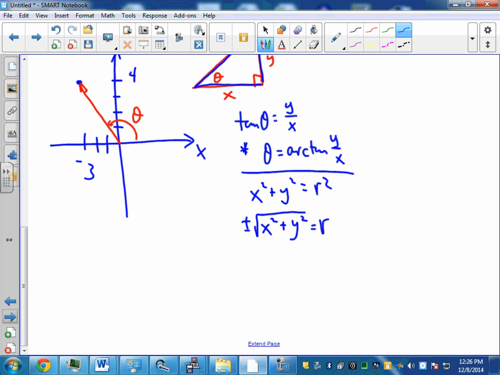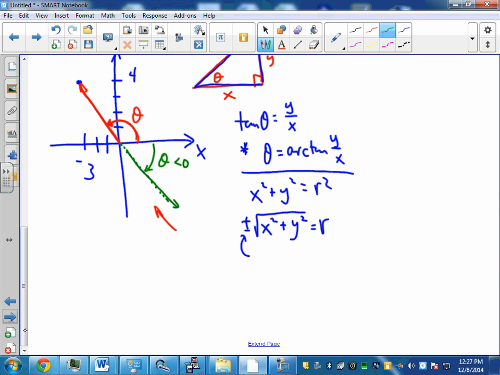And you might question, why would r ever be negative? How could r ever be negative? Well, it really depends on what theta is. So if we go back to this diagram up here, if theta were positive, going out here to the second quadrant like that, then r would also be positive. But suppose theta was negative. Suppose theta was going this way. This is theta now. So if theta is negative in this case, less than 0, then r could not be positive.